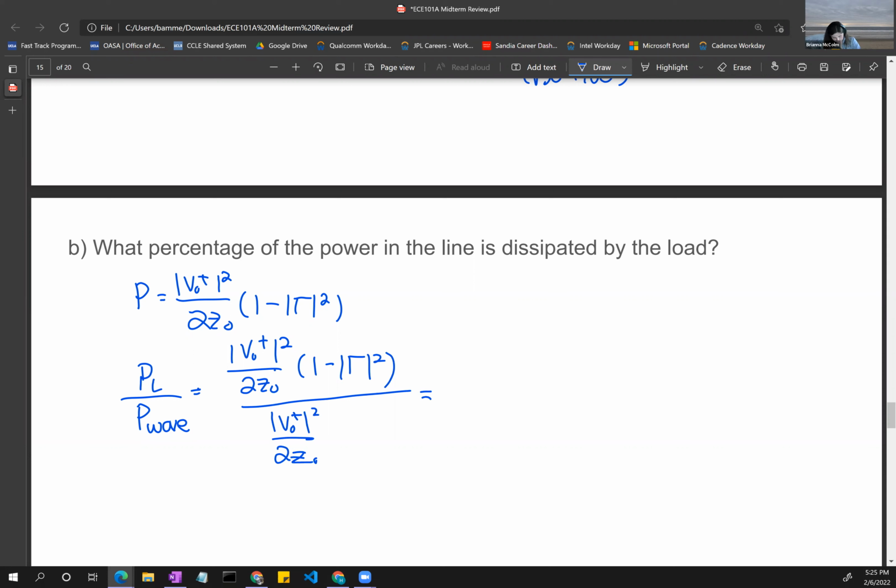So that just becomes 1 minus the reflection coefficient squared. We found that in the previous part of the problem. So we can calculate this as 61.5%.